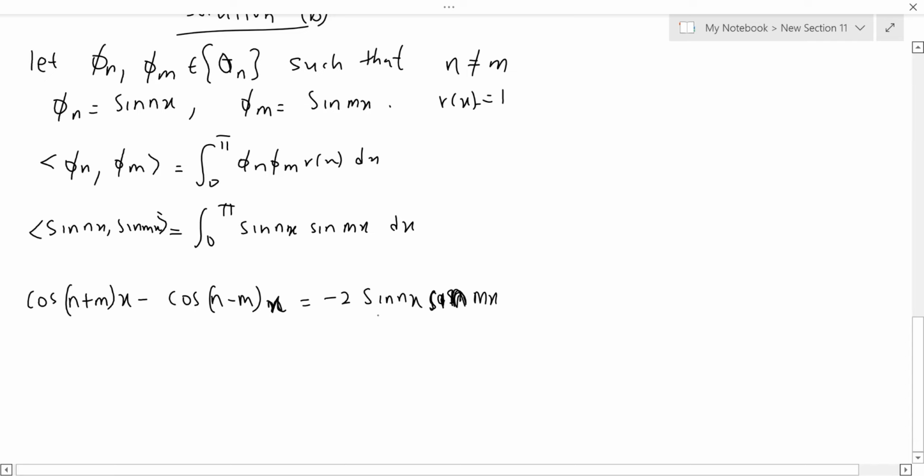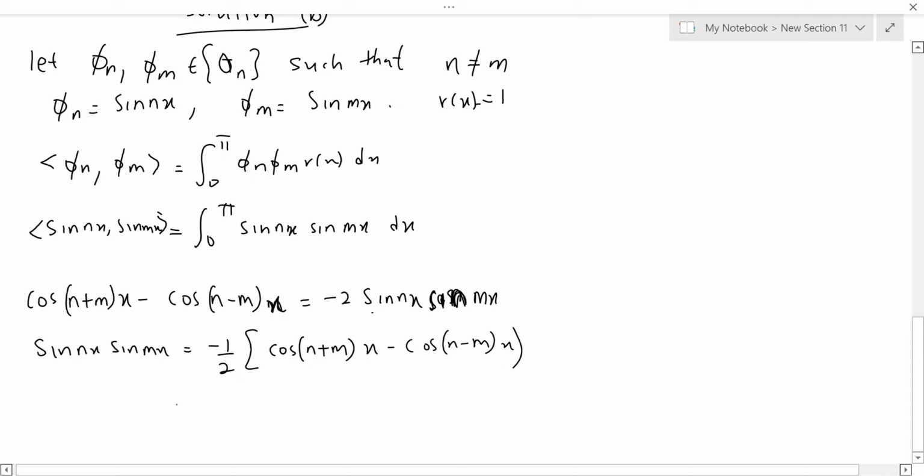If you make sine nx sine mx the subject of the formula, you get sine nx sine mx equals minus 1 over 2, because you divide by minus 2, times cos(n plus m)x minus cos(n minus m)x.